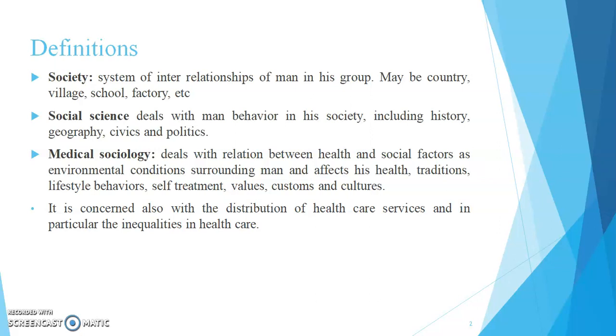It deals with the relationship between health and social factors such as environmental conditions surrounding man and affects his health, traditions, lifestyles, behaviors, self-treatment, values, customs and cultures. Medical sociology is concerned with the distribution of healthcare services and in particular the inequalities in healthcare.